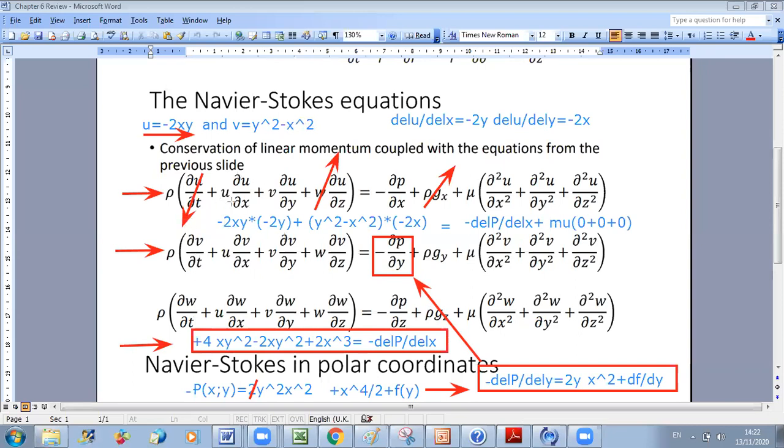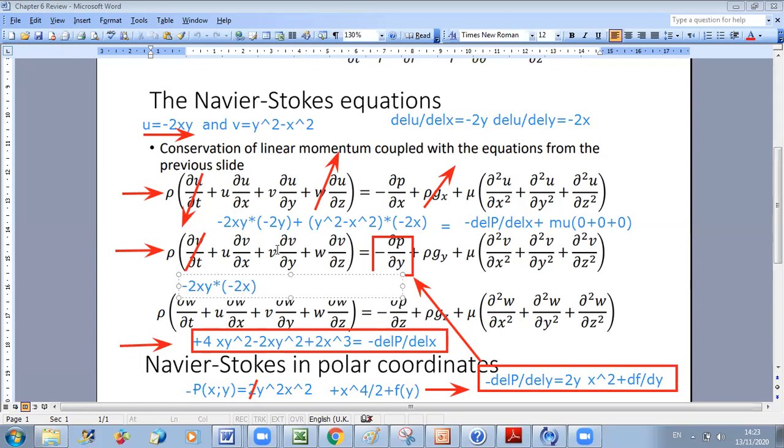So first, we have that v is y square minus x square. So first, v is not a function of time, so del v by del t will cancel out. You have for u del v by del x, I will replace u by its value, so it's minus 2xy, okay, and times del v by del x. Del v by del x is minus 2x, okay, so times minus 2x.